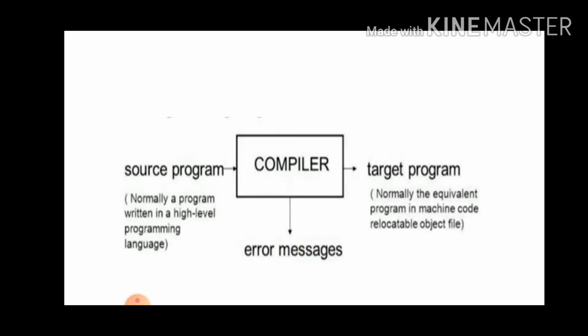So remember: source program, compiler, target program, and if we get any error messages we can correct them. Likewise, after the French president finishes speaking to the Indian prime minister, he can check what the mistakes are and correct them. Make sure you understood this example.